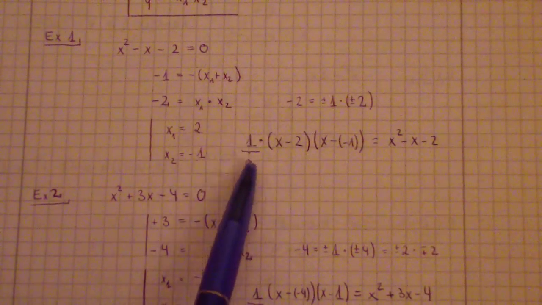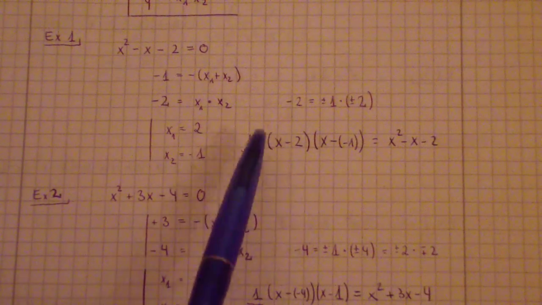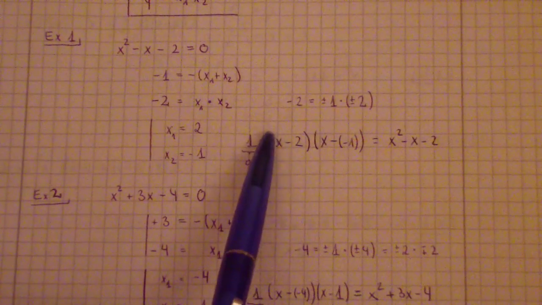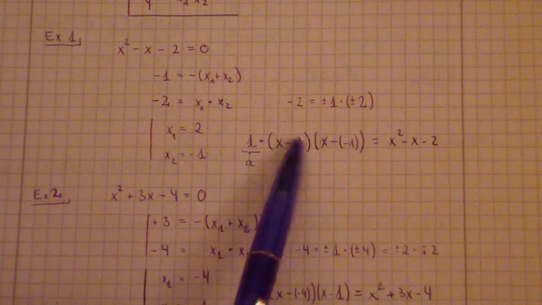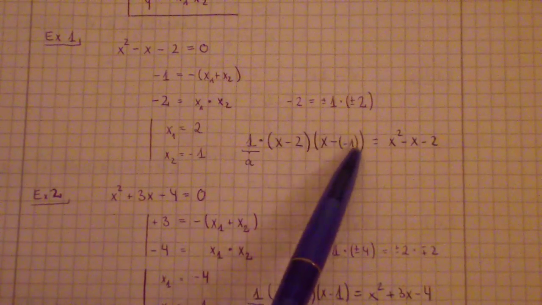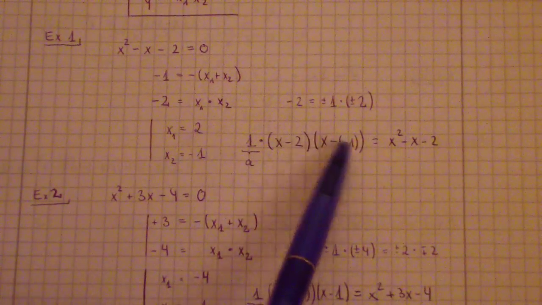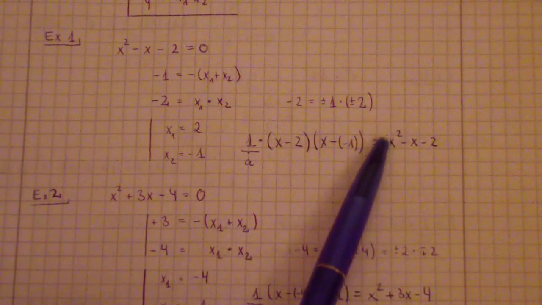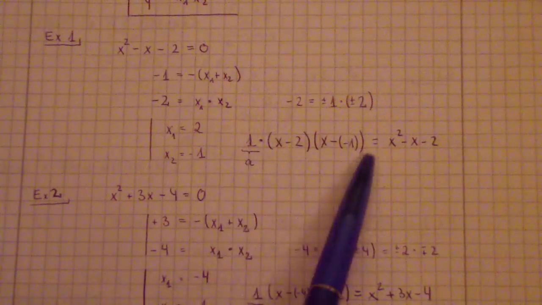So it's important to put the 1 to show that there has to be the quadratic coefficient. Then you open the bracket x minus your first solution, which is 2, and then x minus -1, which gives you x plus 1. So you can rewrite this quadratic equation like this.